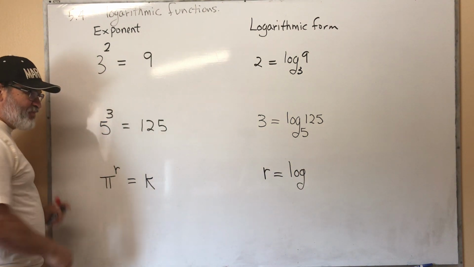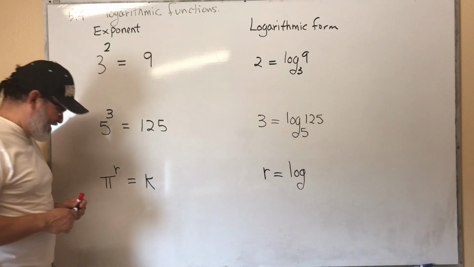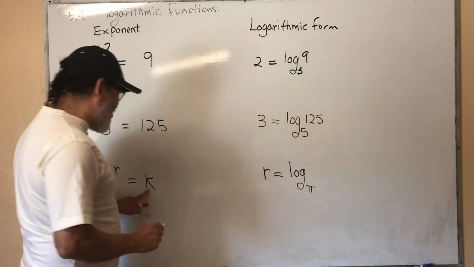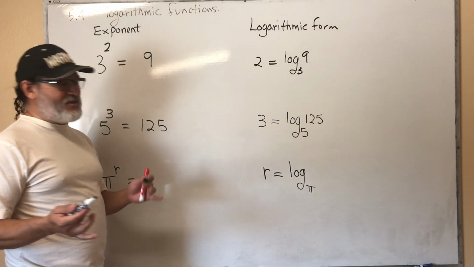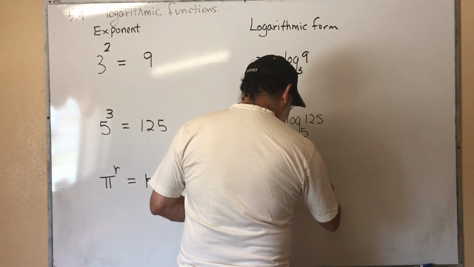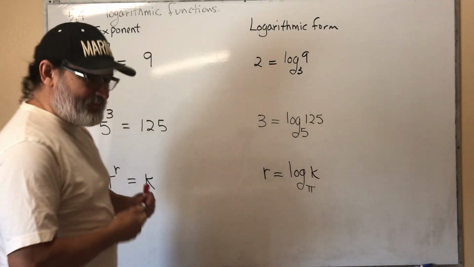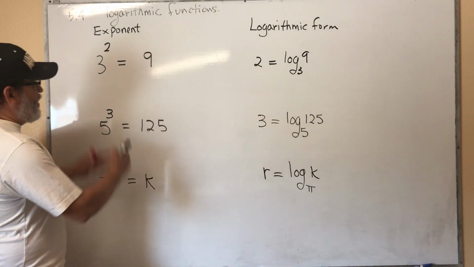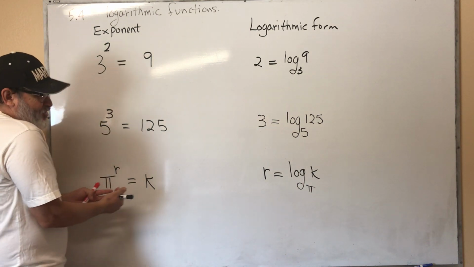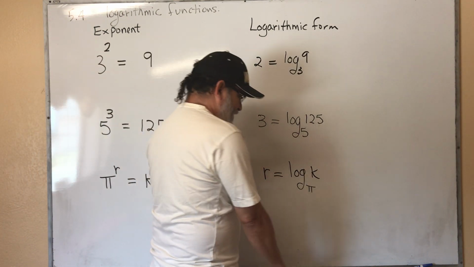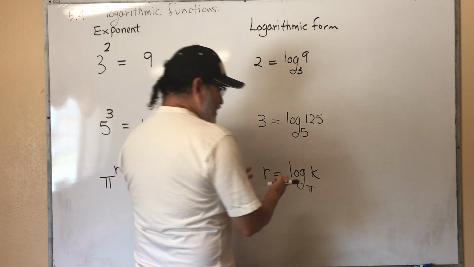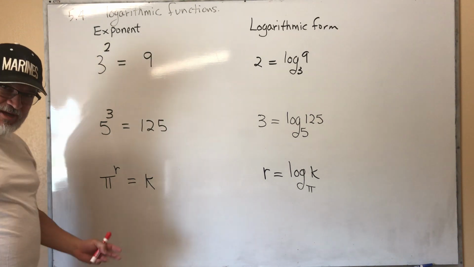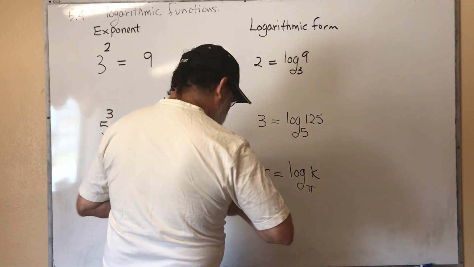This pi is the base, and this k must be the argument. We went from exponential to logarithmic. We can go from logarithmic to exponential. Sure we can. Watch this.